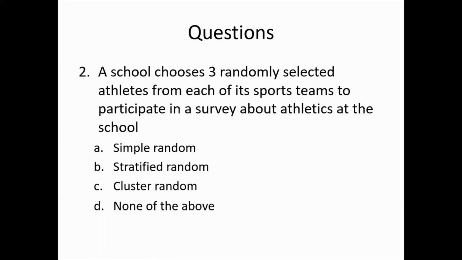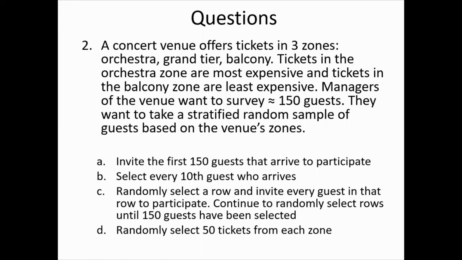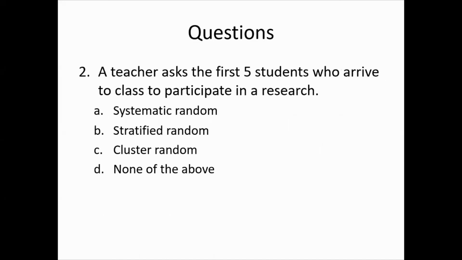Where they were already divided into sports teams and then we randomly pull? It's the same thing in the theater. They were divided into different areas and they were randomly pulled. All right, continue to the other question. Nice.